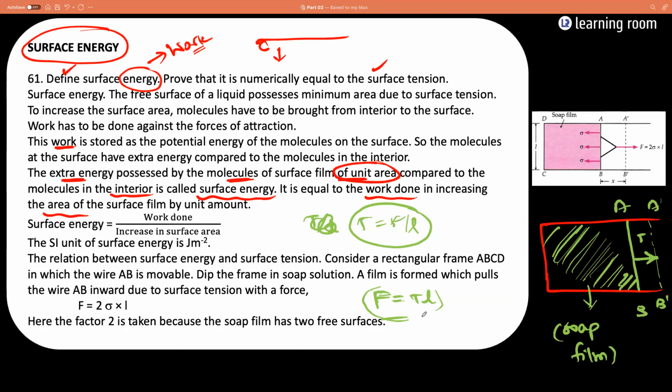And when you write the formula for the force due to surface tension, this length gets multiplied as many times as the number of free surfaces present.